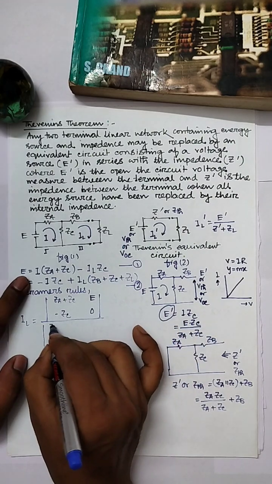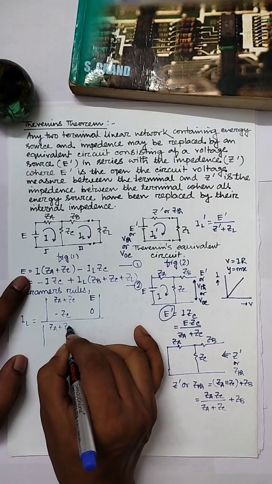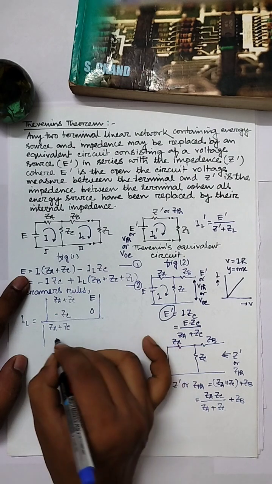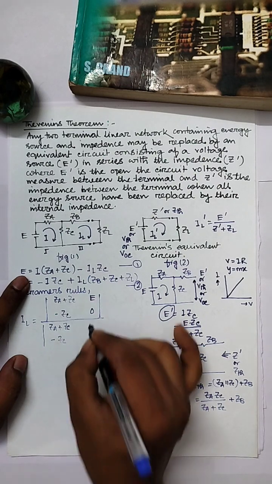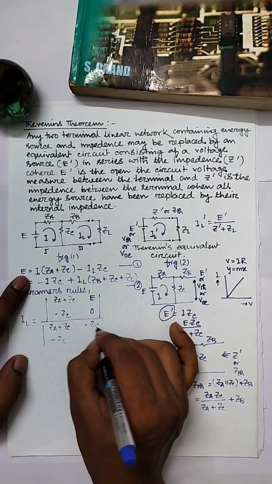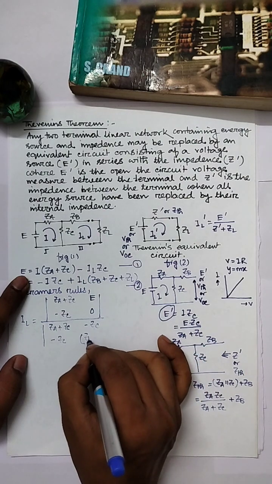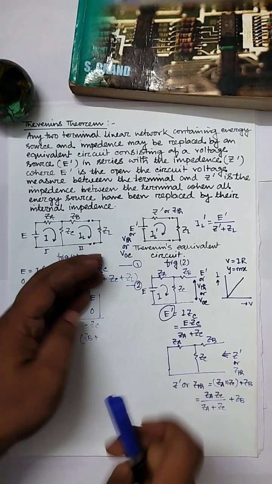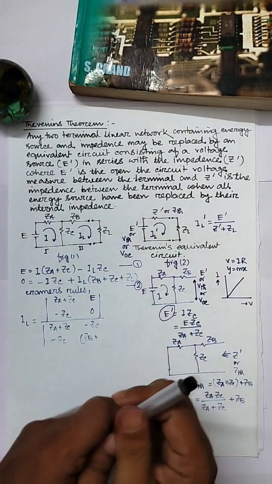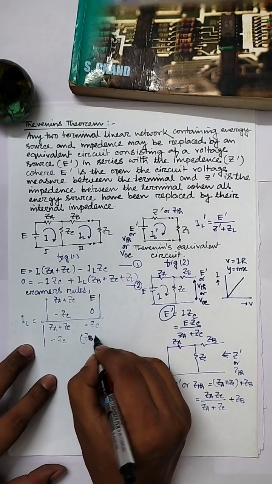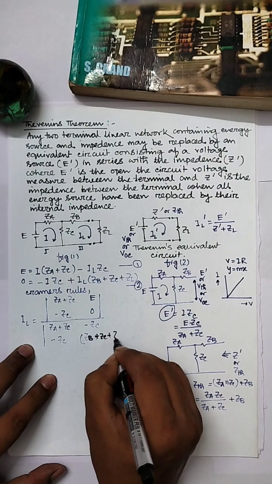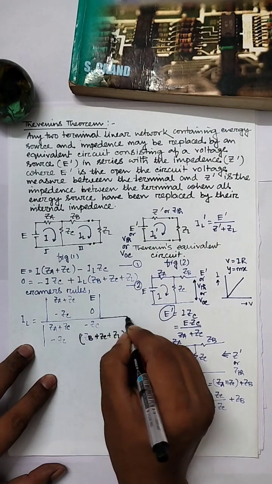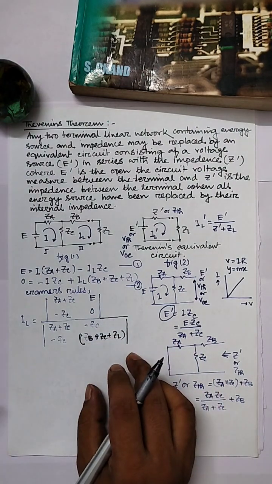The denominator contains ZA plus ZC, minus ZC, minus ZC, ZB plus ZC plus ZL. So these are the denominator forms.